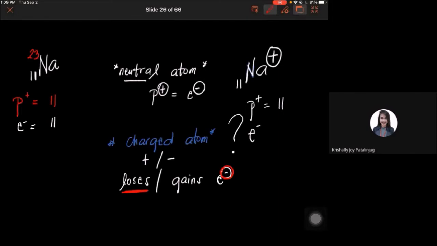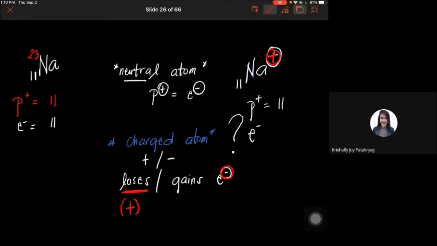It is, okay, magiging positive ion siya. Very good. Kasi nga, nagbigay siya ng negative charge na electron, nawalan siya ng negativity, magiging more positive siya. So, yan yung indicator natin. Kapag positive charge yung makikita mong charge sa isang ion, then that ion loses an electron.